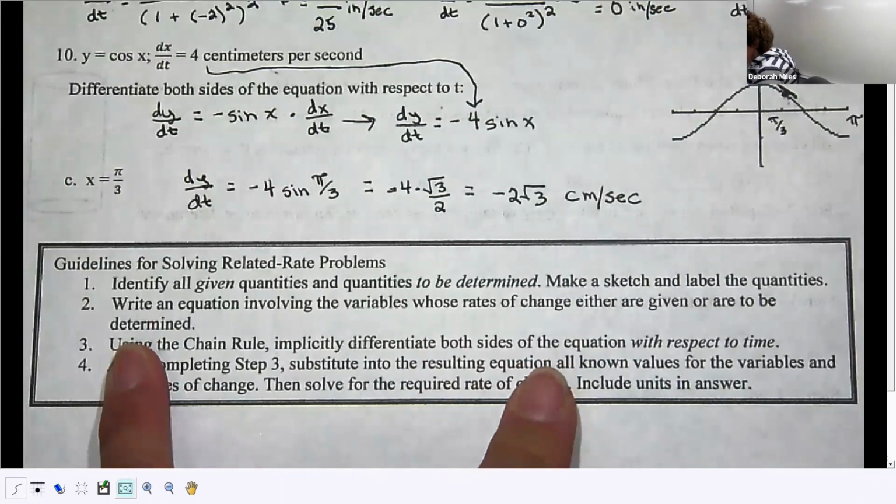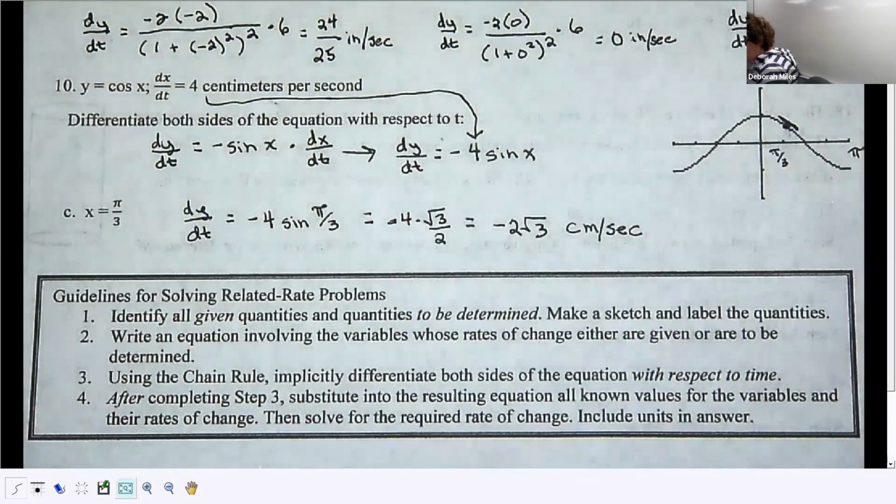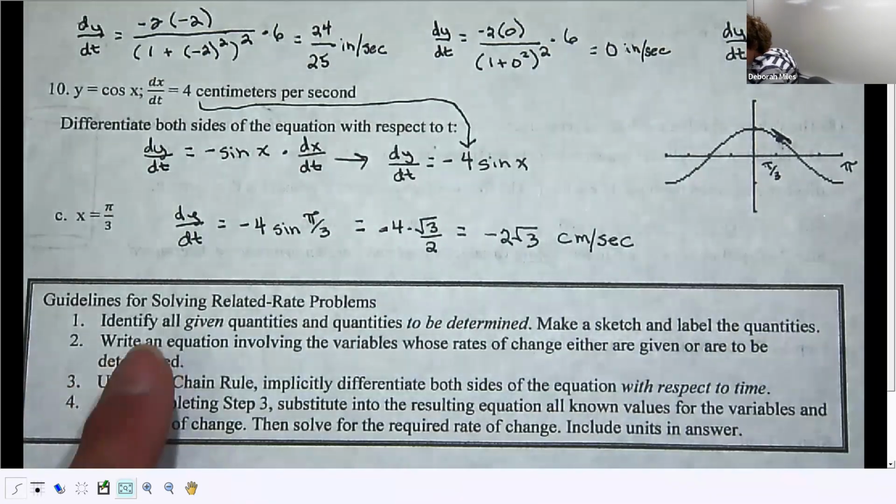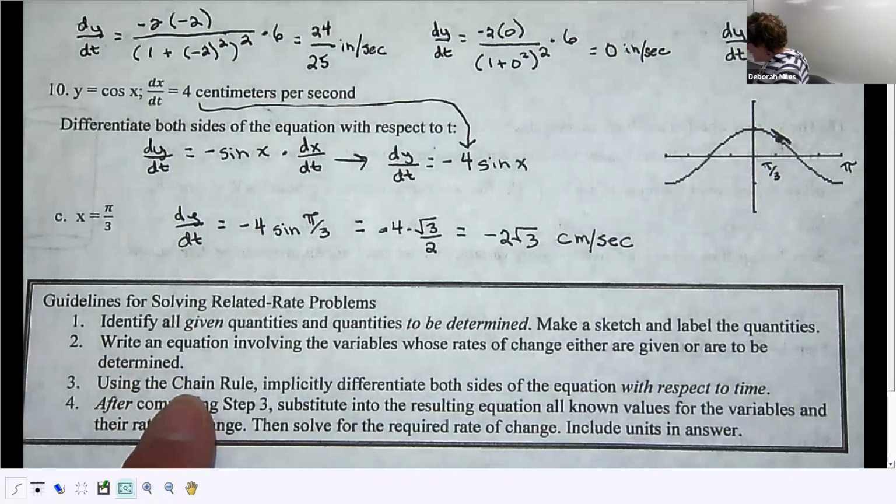After we get that equation, it's going to be like the ones we just did. We're going to differentiate with respect to time, remembering that anytime we differentiate a quantity that's depending on time, we have to have that related rate symbol as part of the derivative.